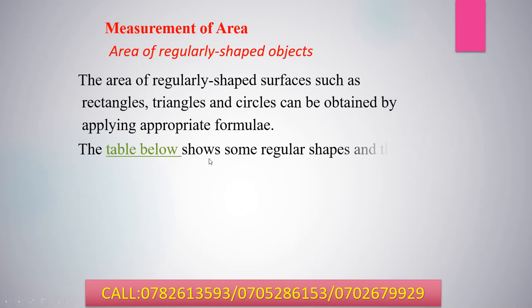By this level, you have left primary, you know those formulas, as we shall see in the table below. So the table below shows some regular shapes and their corresponding formulae for area.